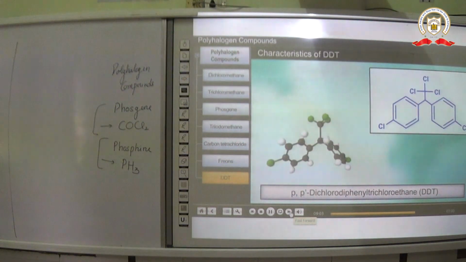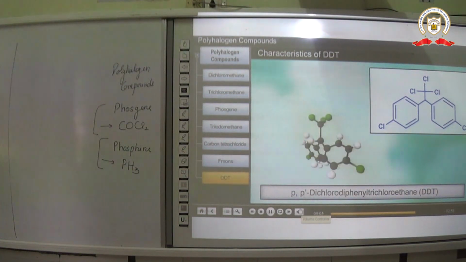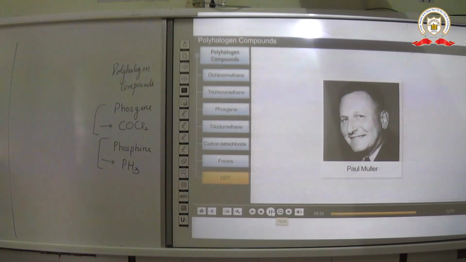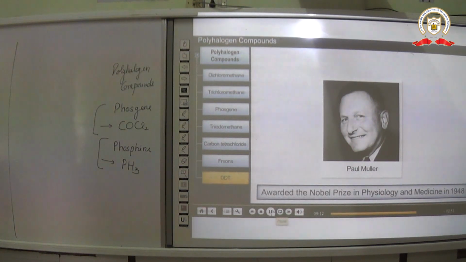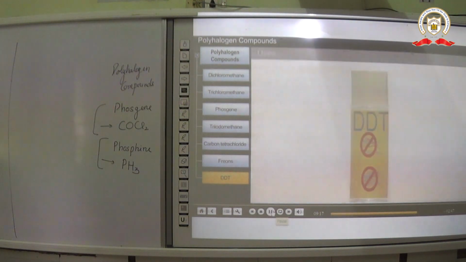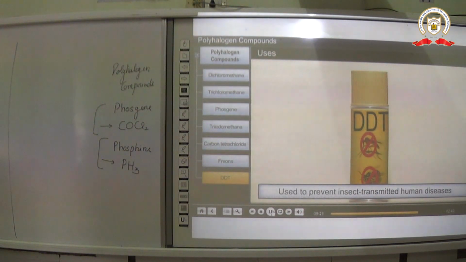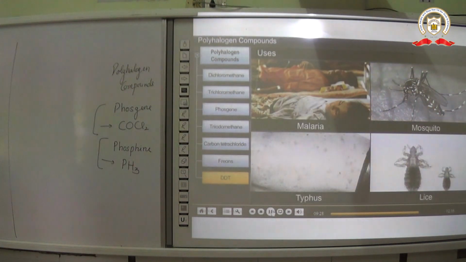The final compound that we discuss is known as DDT. Paul Mueller was awarded the Nobel Prize in Physiology and Medicine in 1948 for his discovery that DDT could be used as an insecticide. DDT has been used to prevent insect-transmitted human diseases such as malaria, spread by mosquitoes, and typhus, spread by lice.